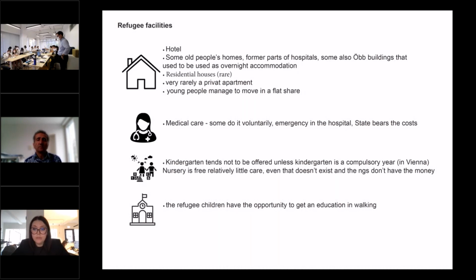Kindergarten is not offered. The year before starting school is offered, but just in Vienna. And for example, nursery is free, but you get the opportunity for an education. So you can start school, but you can't start kindergarten.